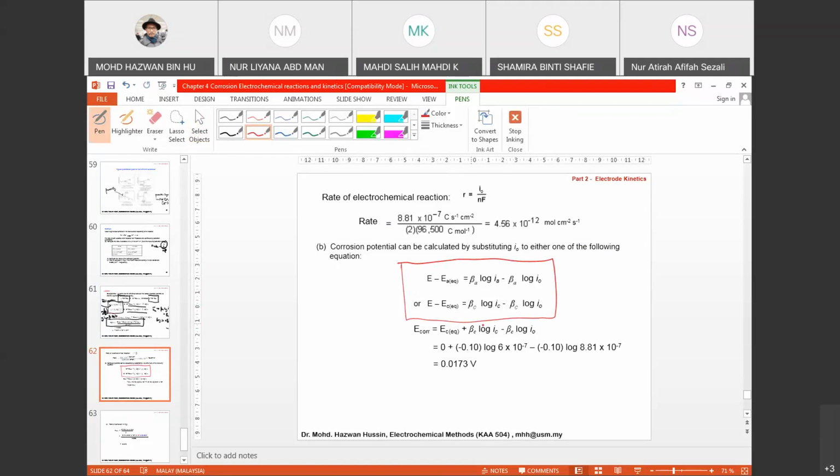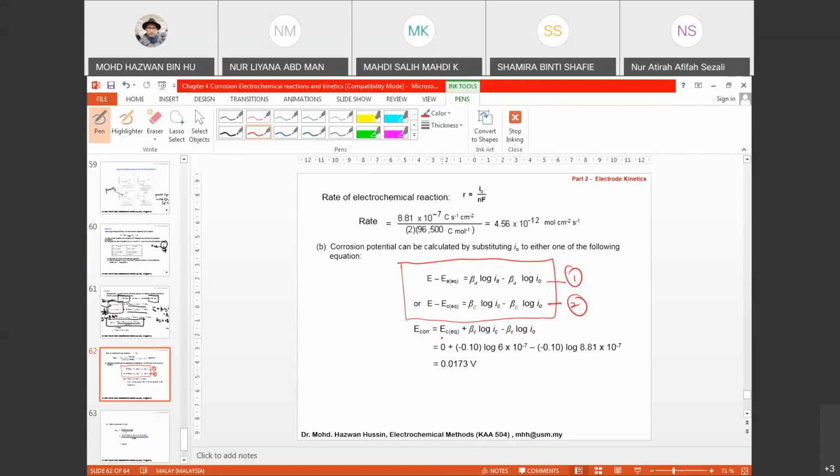So you can use the exchange current density that you have obtained from number 1, and put it in either equation number 1 or equation number 2. In this case, I think we choose to put it here.